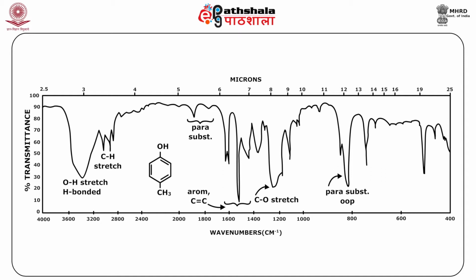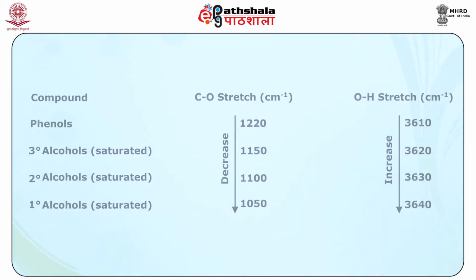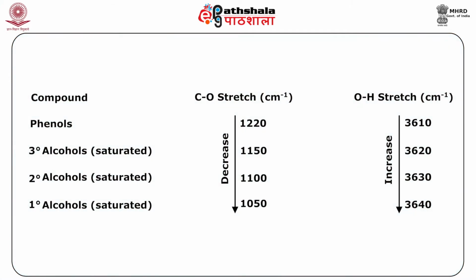Now, the C-O stretching in alcohols and phenols occurs in the region of 1300 to 1000 cm⁻¹. Now, we are coming to the details of the table that is drawn. The C-O absorptions are coupled with the adjacent C-C stretching vibrations.